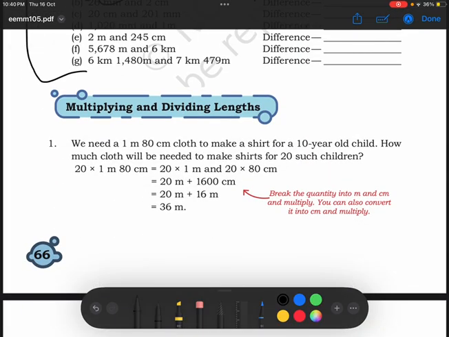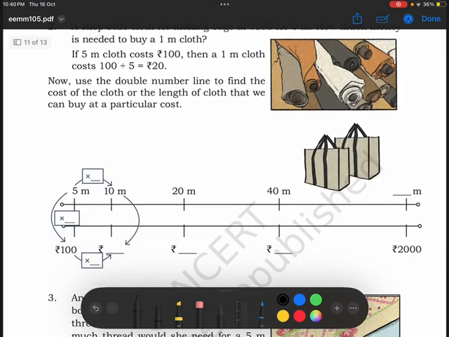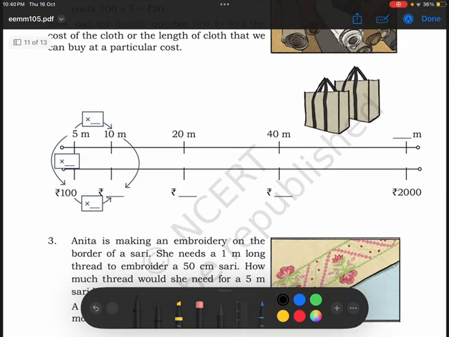Okay, next question. Till now we have done addition and subtraction of units like meter and centimeter. Now we will do multiplication with meter and centimeter. Here, 5 meters is the length of some cloth, and the rate is 100 rupees per meter.